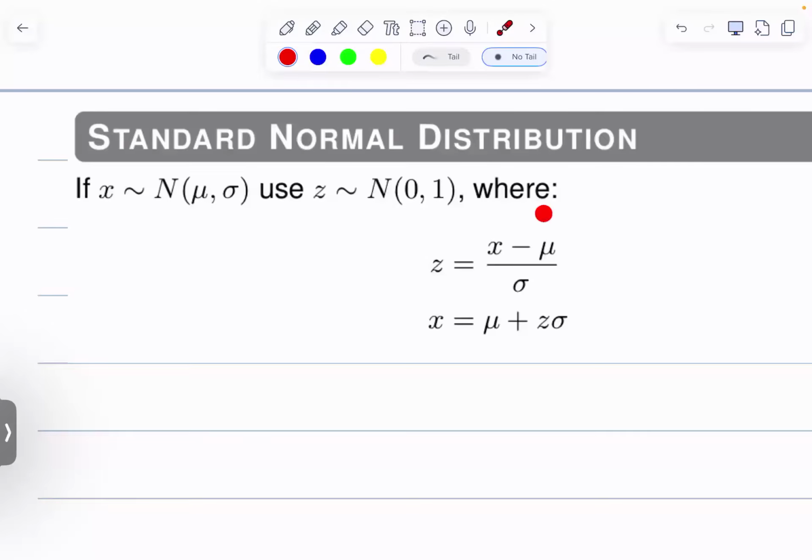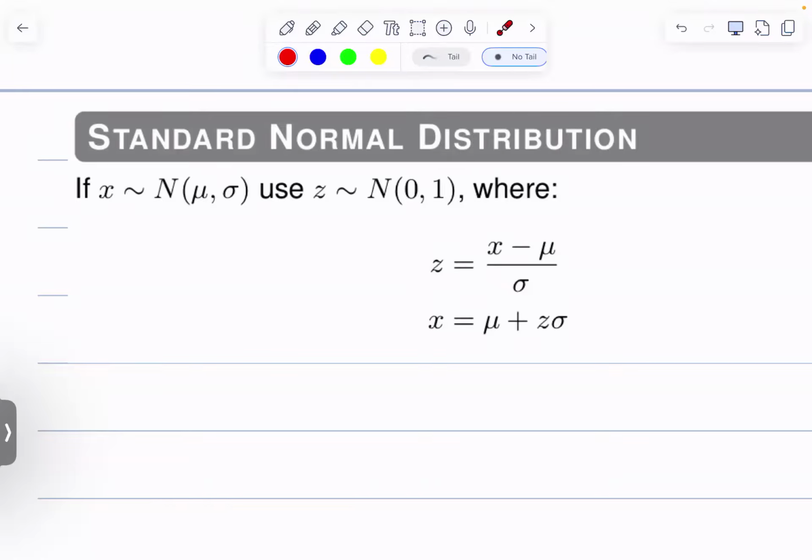I'll draw that out in a sec here, but just want to walk through here. How we calculate the Z is going to be your X, the observation that you're interested in, minus the mean, divided by your sigma.